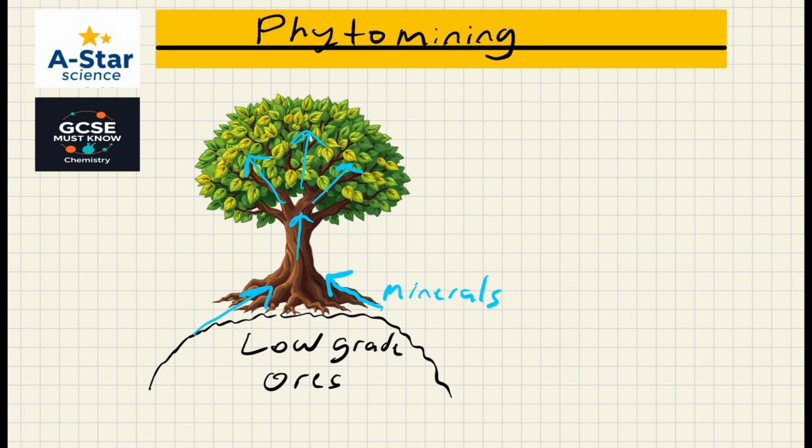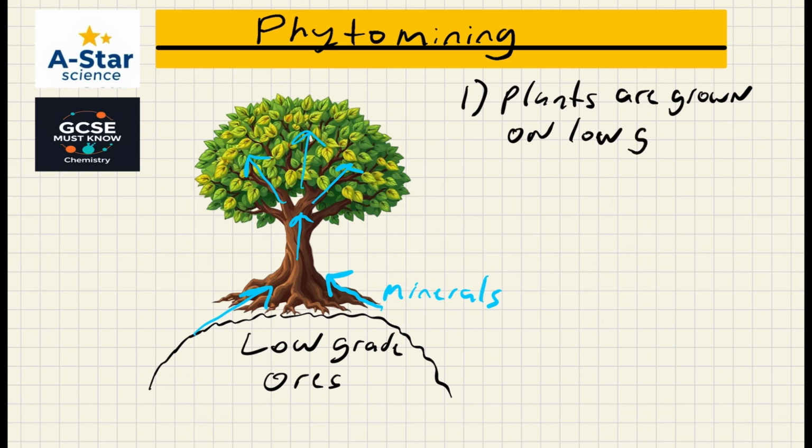And so these plants are going to take up these minerals through things like active transport, and they get concentrated into the plant. So that's the first stage, that plants are grown on the low-grade ores.